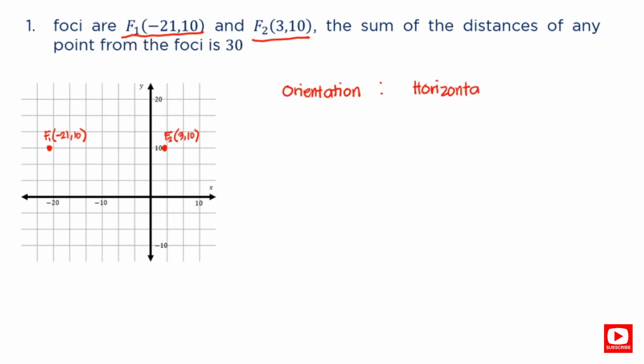Okay? So we have the orientation. And since it is horizontal, our form of the equation is (x minus h) quantity squared over a squared plus (y minus k) quantity squared over b squared equal to 1. Okay? So we need the values of h, k, a, and b.